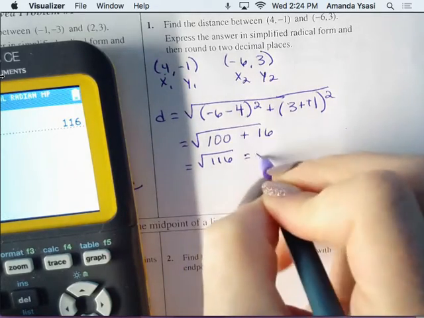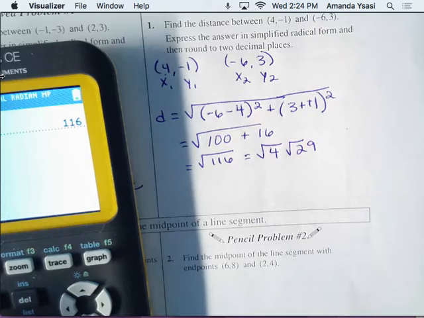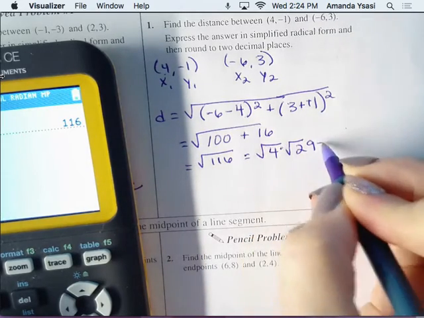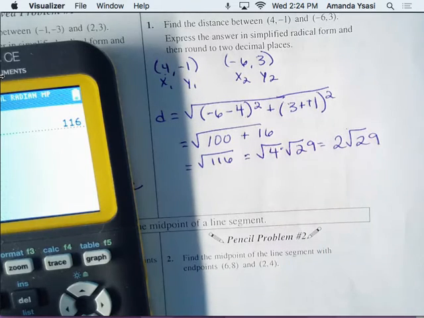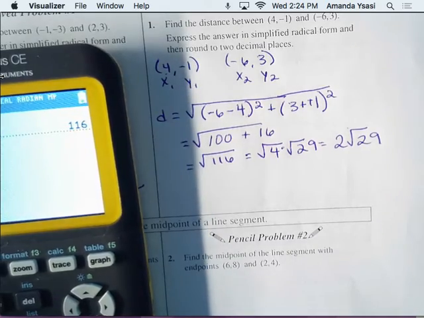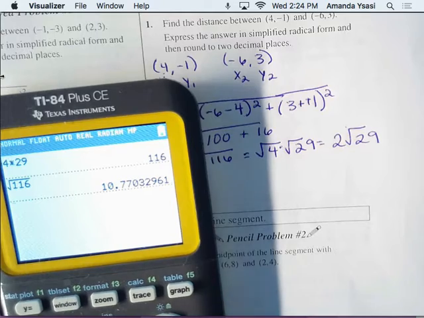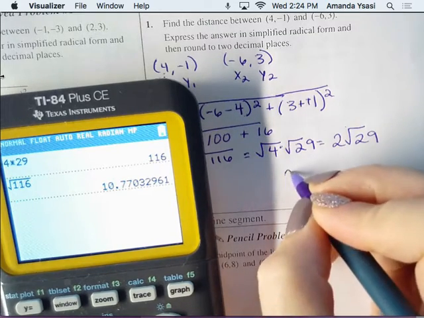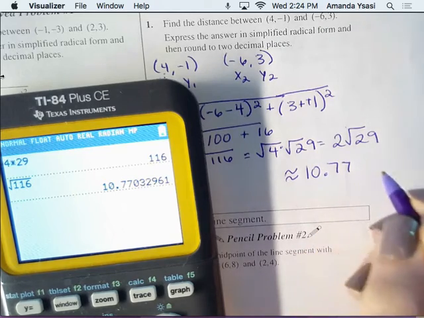So we could write this as square root of 4 times square root of 29, which equals 2 square roots of 29. And then also write the approximate to 2 decimal places. So the approximate is 10.77 units.